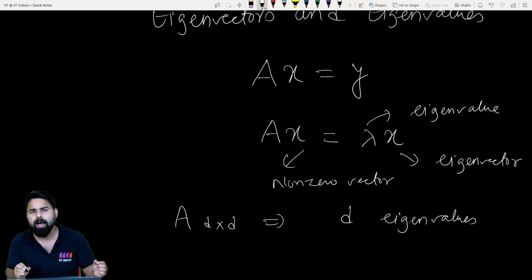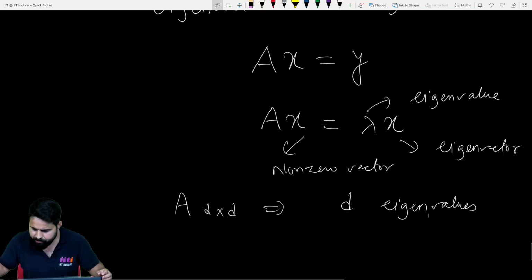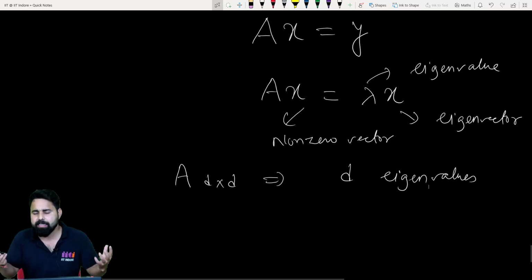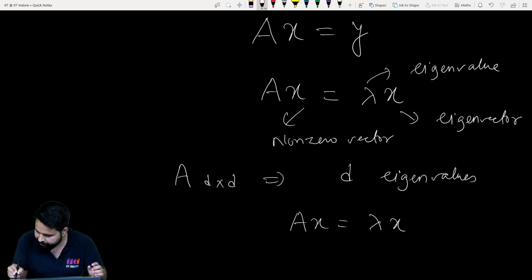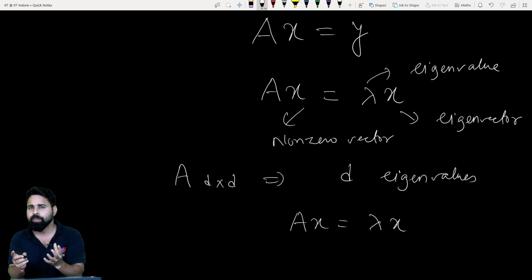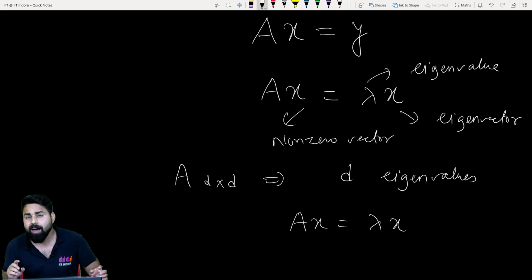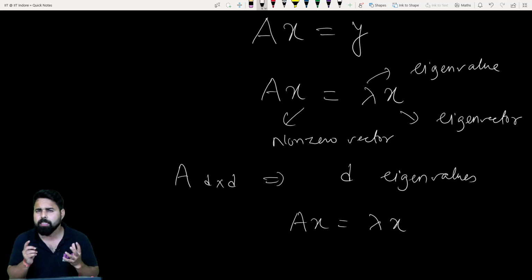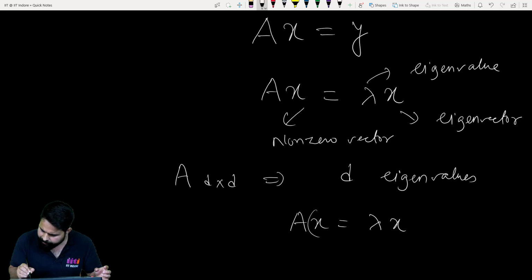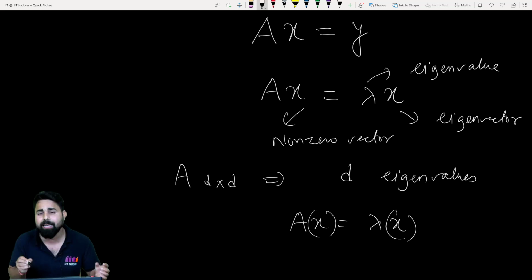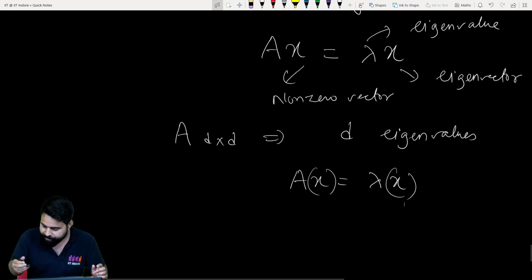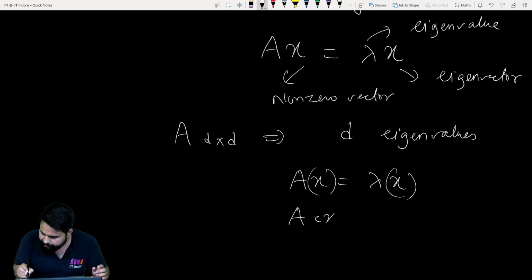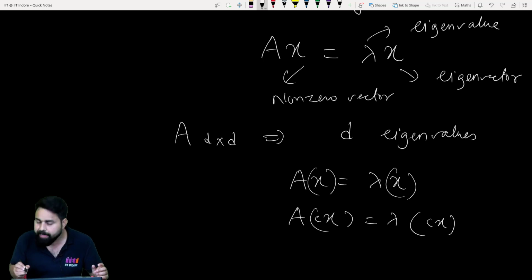Suppose lambda is an eigenvalue. Let me write it again: Ax is equal to lambda x, where lambda is some eigenvalue and x is the corresponding eigenvector. If you replace x by Cx, basically you are scaling x further, and this equation is still satisfied.